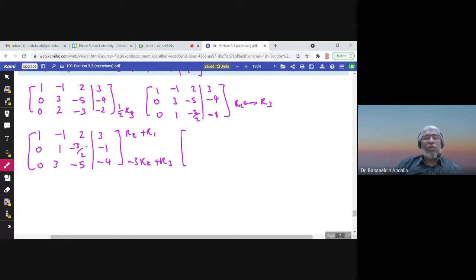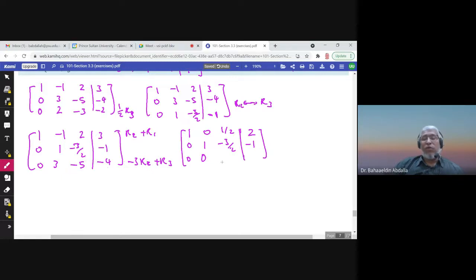So I replace row 1 and row 3. Row 2 is kept without change. 1 plus minus 1. Negative 3 over 2 plus 2. Negative 1 plus 3. Negative 3 plus 3. Negative 3 times negative 3 over 2, 9 over 2.